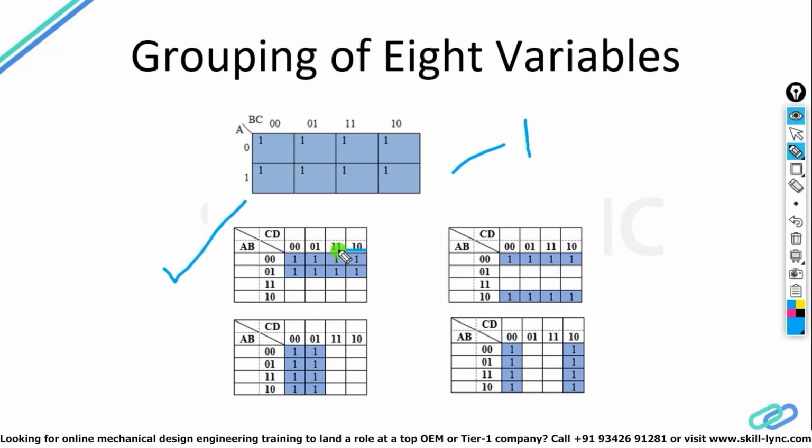Now come to the case of 4 variable K-map. The possibility is the first 2 rows, because 4 plus 4 is 8. It may be the case of the last 2 rows. It may be the case of first and last, if I take it the horizontal way, or it may be the case of the centralized 2 rows. If all are filled with ones, then only you can make a pair of 8 variables.